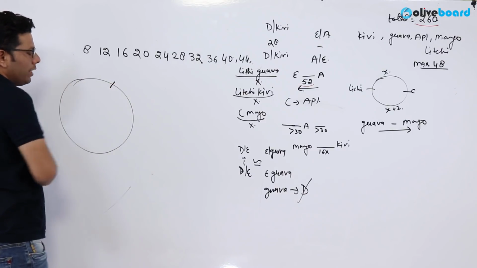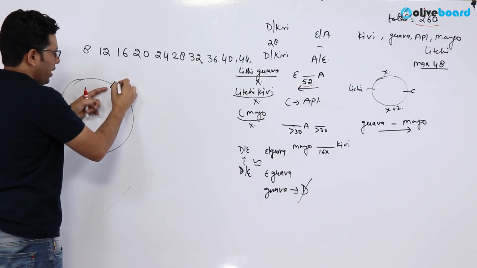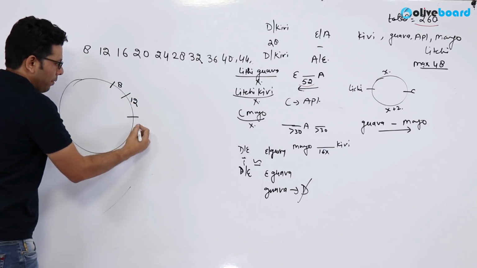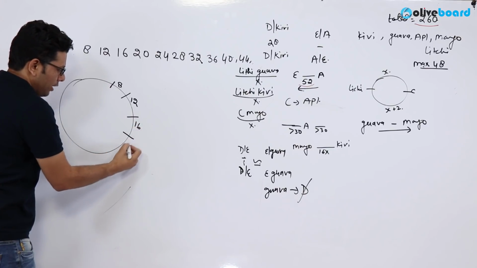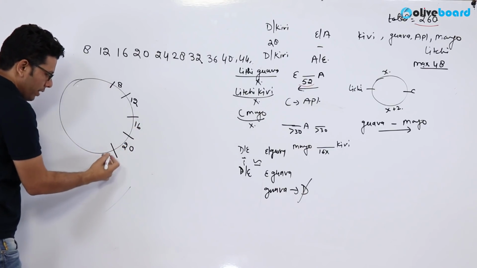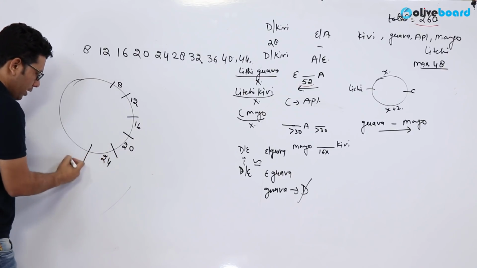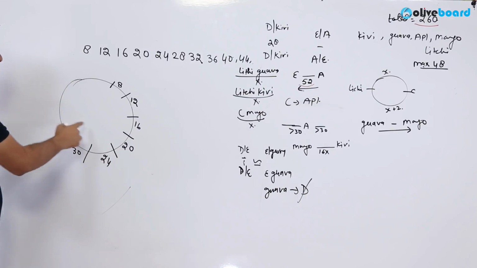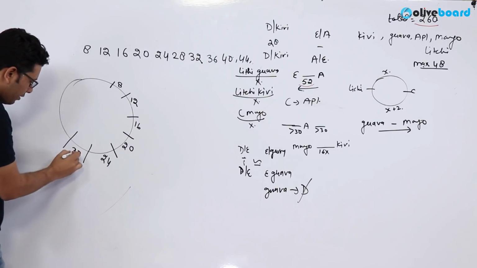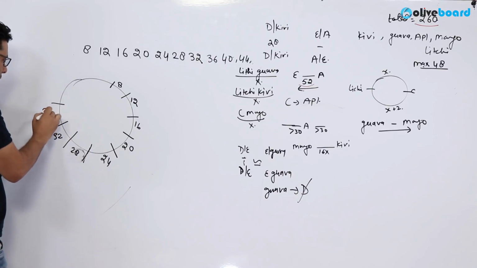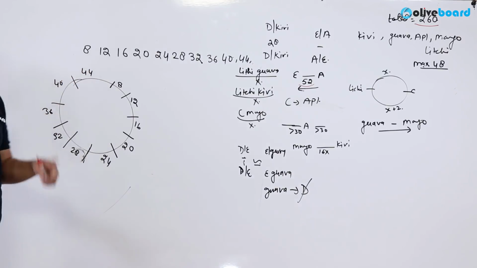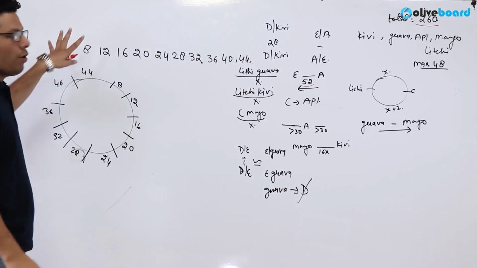If I put a person here, then there would be a gap of 8, then a gap of 12, 16, 20, 24, 28, 32, 36, 40, and a gap of 44. They clearly say that it is in increasing order.